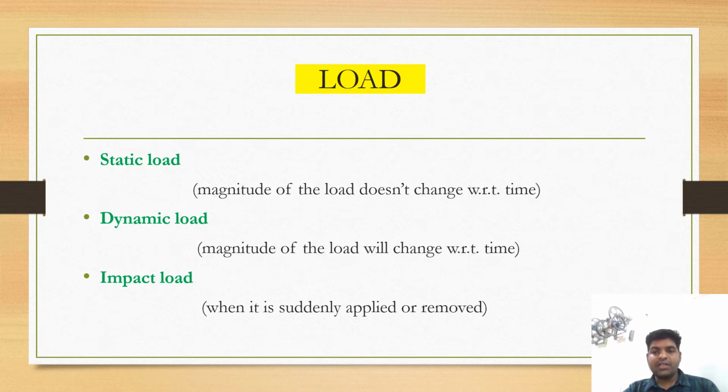That means static load is a constant load, also called dead load. That means a fixed amount of load is applied on an object. That load amount is fixed and cannot be changed.